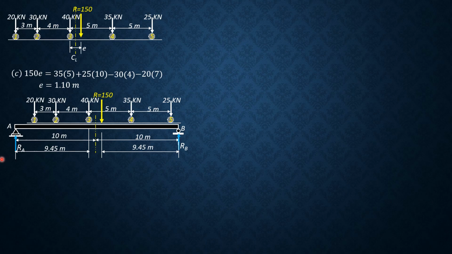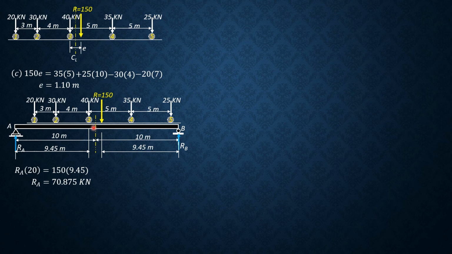So computing for either RA or RB, but let's have RA, so that the absolute maximum moment due to live loads is RA times 9.45 minus 30 times 4 minus 20 times 7. So RA times 20 equals 150 times 9.45. So RA is 70.875 kilonewtons.